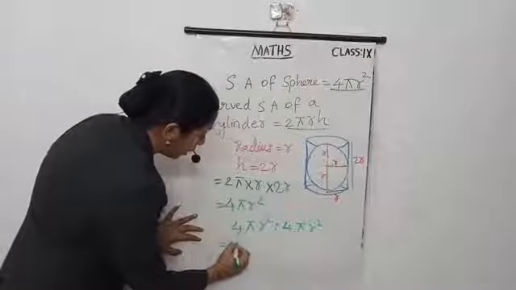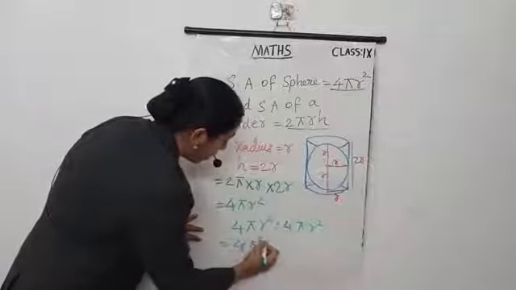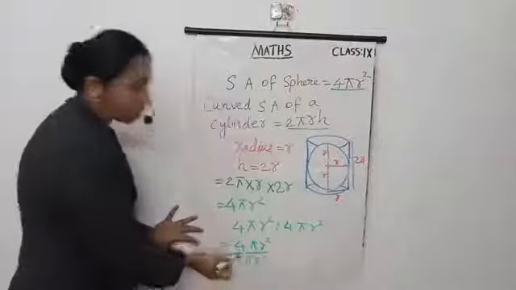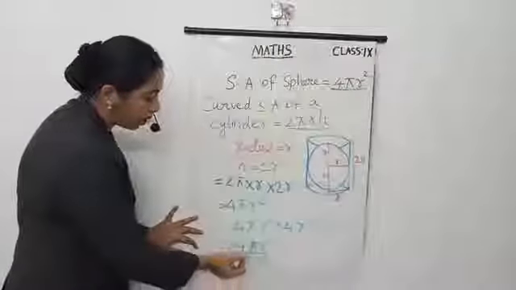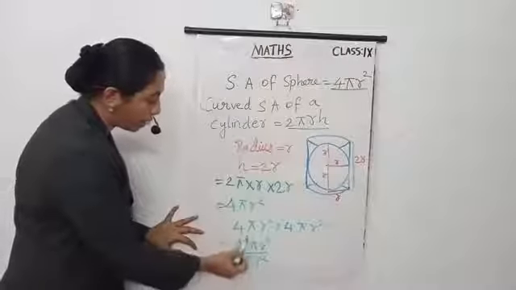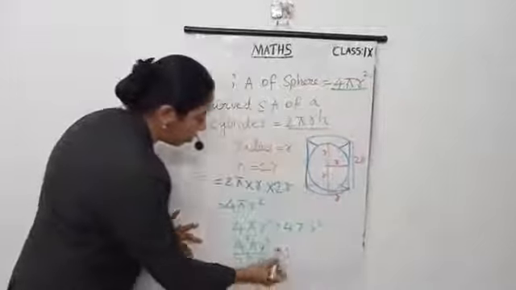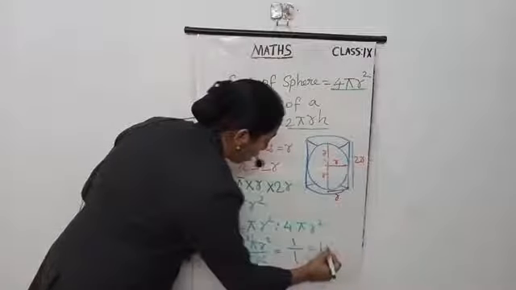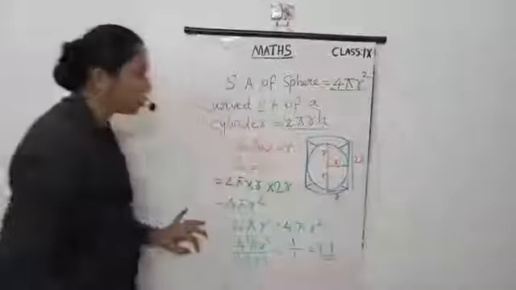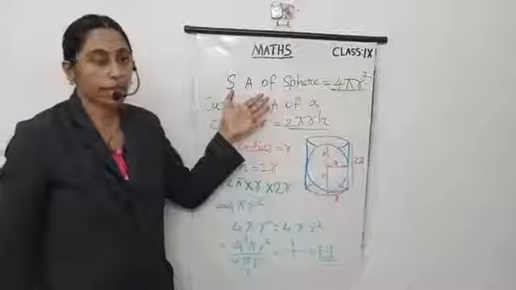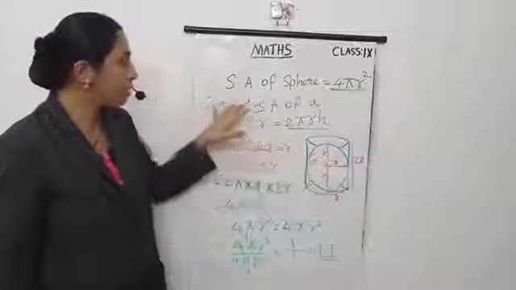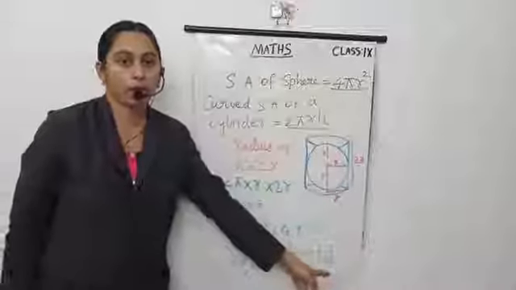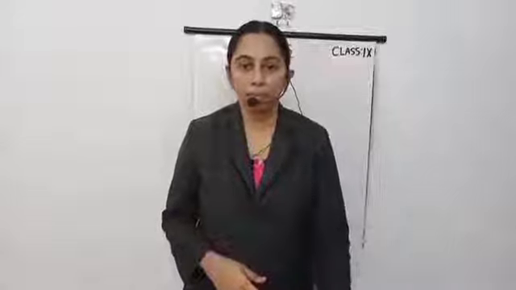So this is equal to 4 pi r square by 4 pi r square. Now we can cancel r square and r square, pi, and 4 and 4. Here we get 1, here also 1. So this becomes 1 by 1, that is 1 is to 1. That is, the ratio of the surface area of a sphere and the curved surface area of a cylinder is 1 is to 1. So this exercise is completed.